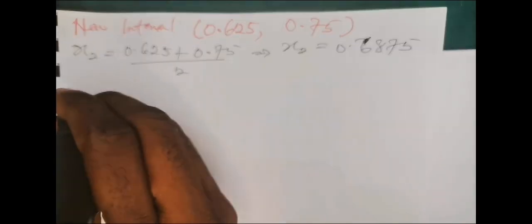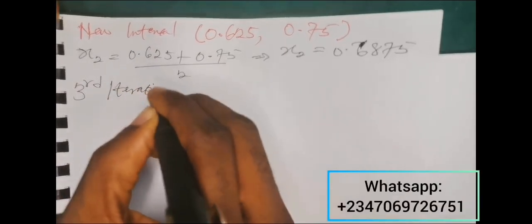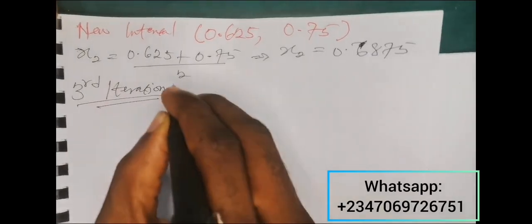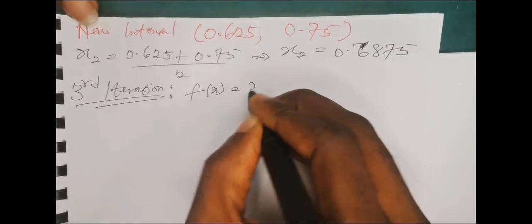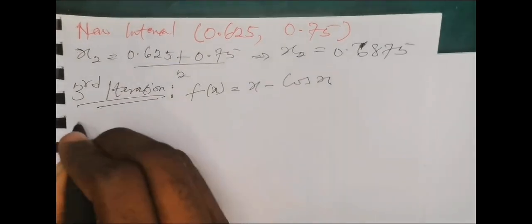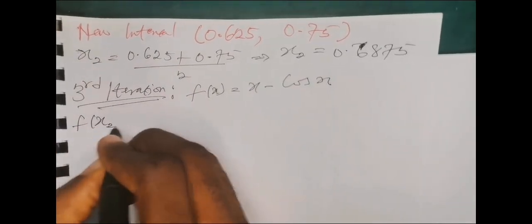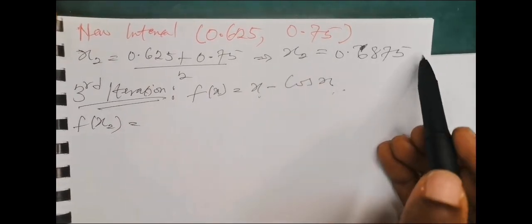So we can now carry out the third iteration. Not forgetting f of s equals s minus cos s. Okay, now we plug in f of s2, which means whenever you see s in this equation, plug in the value as s2.